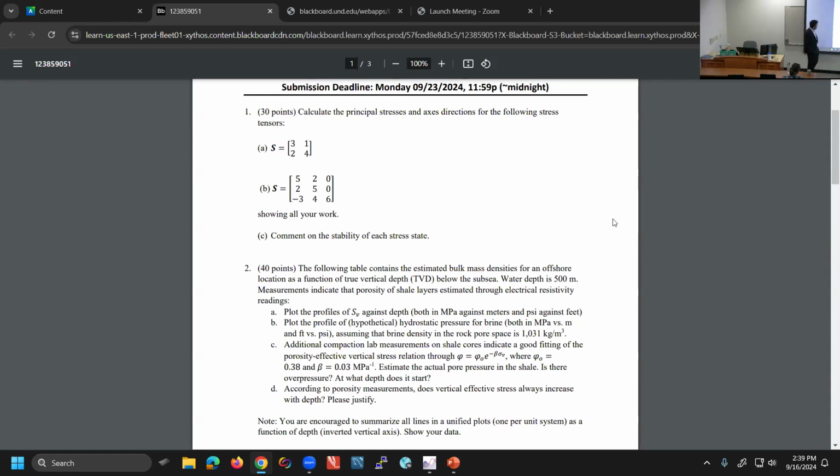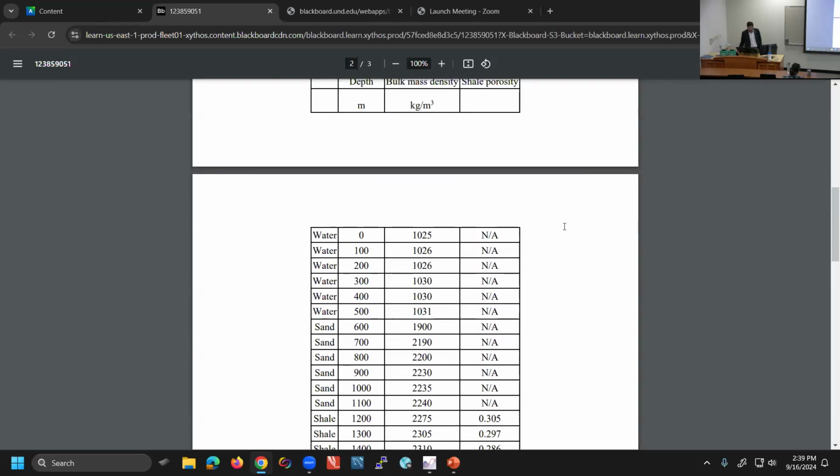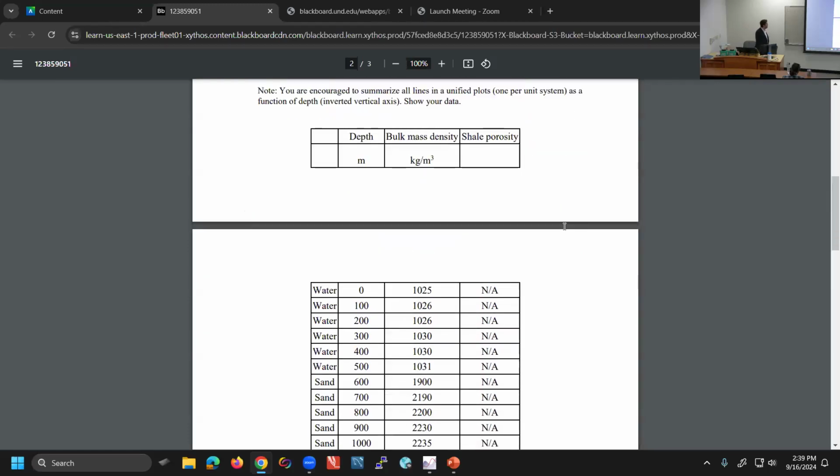You are encouraged to summarize all lines in unified plots, one per unit system, as a function of depth, with an inverted vertical axis, basically pressure traverse plots that we are looking for. Show your data, and this is the data. You have depth, you have bulk mass density, and you have shale porosity.